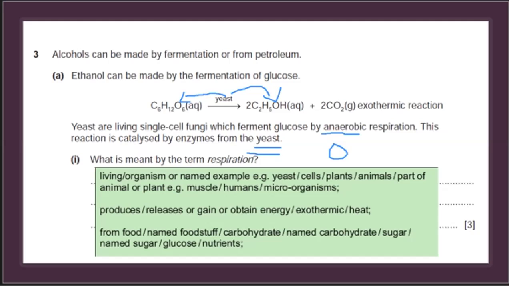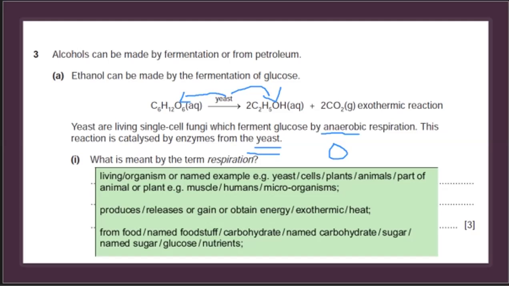So they ask you, what is meant by the term respiration? So when we speak of respiration, we can say the following. Living organisms produce or release or gain energy, and they use that energy to survive. The energy can be used to move from place to place.